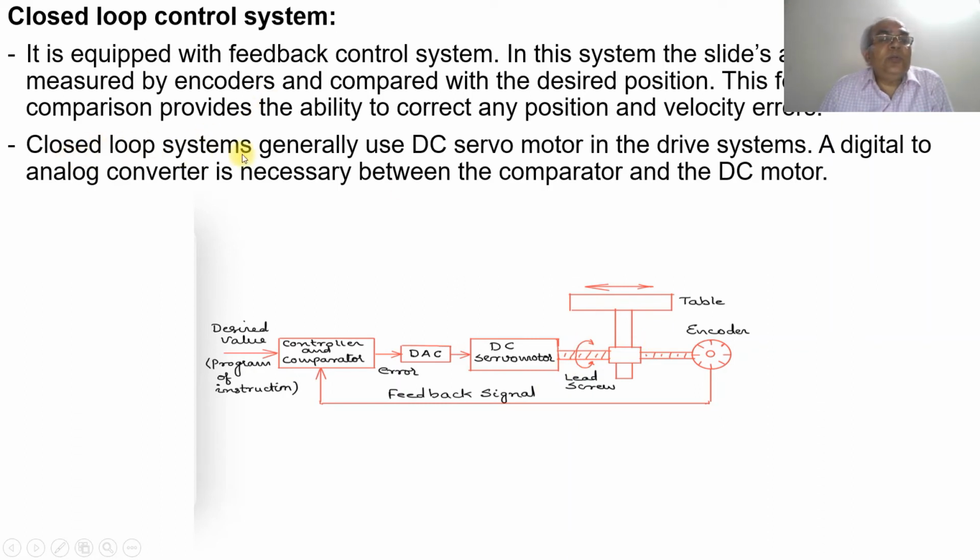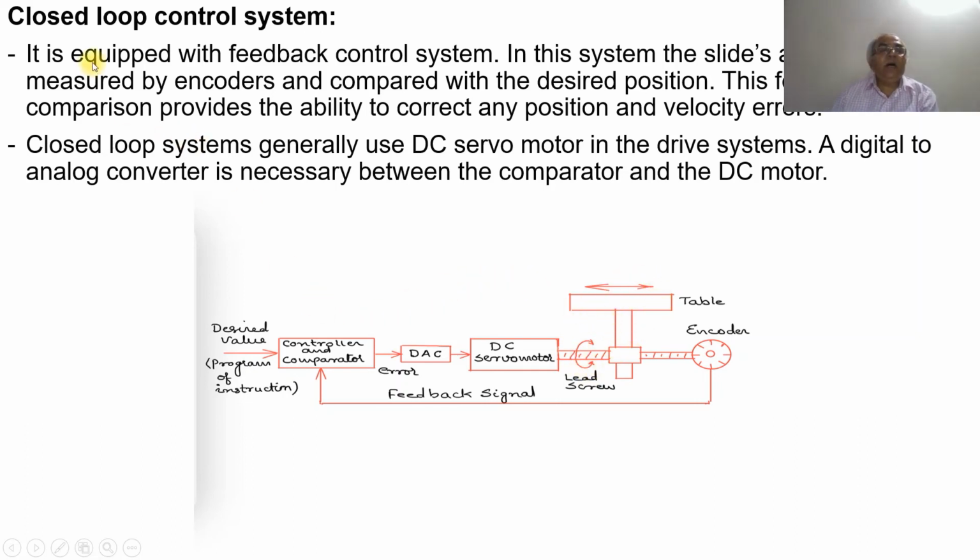The closed loop system generally uses a DC servo motor in the drive system. A digital to analog converter is necessary between the comparator and the DC motor, wherein the error is rectified, and then it is fed to the DC servo motor, and this DC servo motor will drive the lead screw so that the table will move to the desired position.